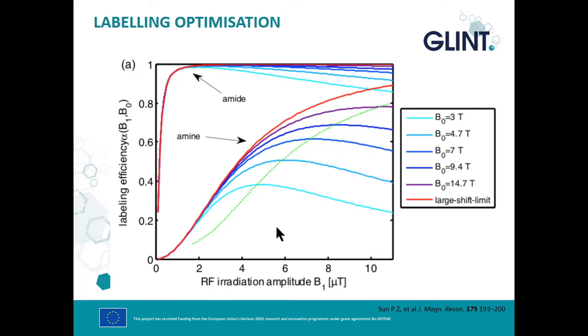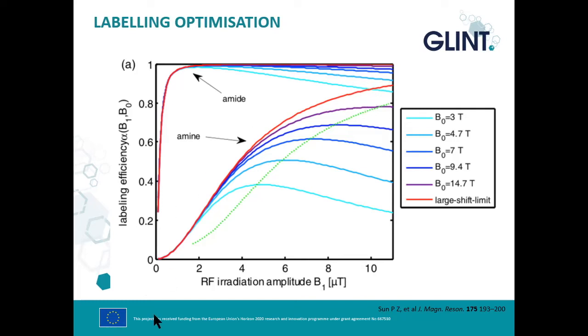For amide groups, you basically have a very good labeling efficiency no matter what you do, at pretty much any field strength, except at very, very high amplitude. But nobody would try to put this type of radiation in a patient in a clinical scanner, because over 2 to 3 seconds that would surpass any kind of regulation.